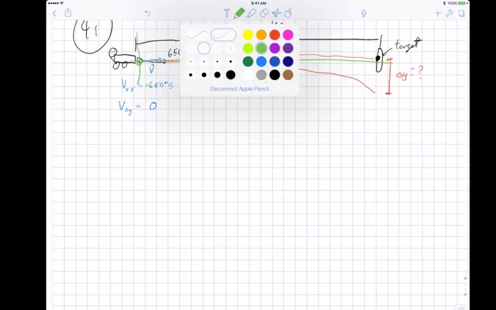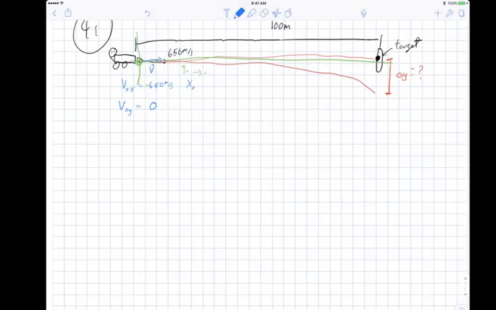So let's continue on our journey. Our initial x position is 0, our initial y position is 0, and our acceleration in the x direction is 0, and our acceleration in the y direction is minus 9.81 meters per second squared. So now let's put it all together.